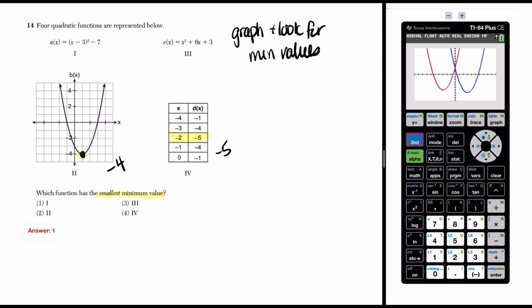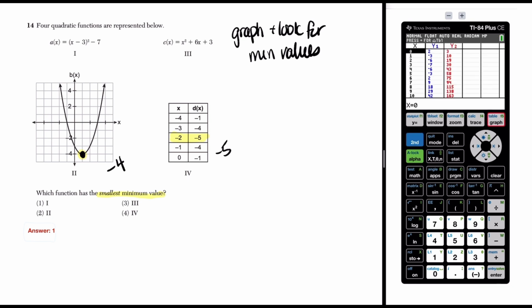So I'm going to go to second and table so I can see them, and now it's way easier. I can see the blue was my y1, and you can look to see which one had the lowest value. The smallest value of my y1 was the -7, and the smallest value in the y2, which was the red, so far looks like 3.